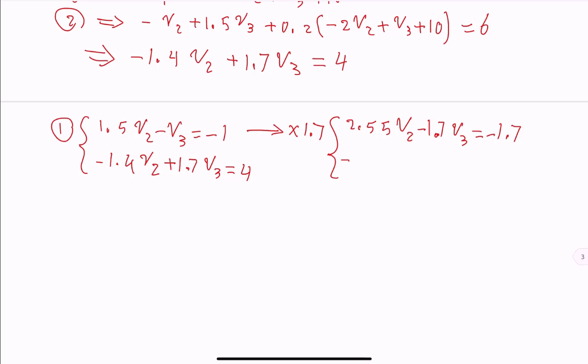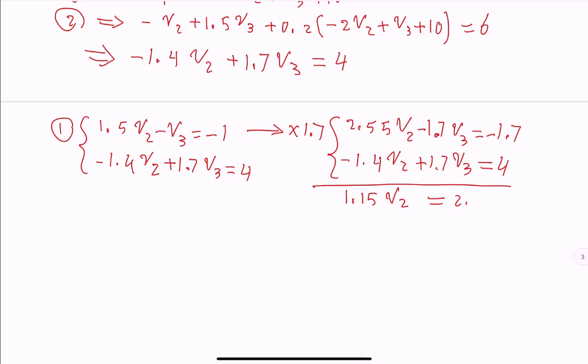Second equation doesn't change. And let us add these equations together. V3 will cancel out. We will end up with 1.15 V2 equal to 2.3. So we can find V2. So V2 is 2 volts.